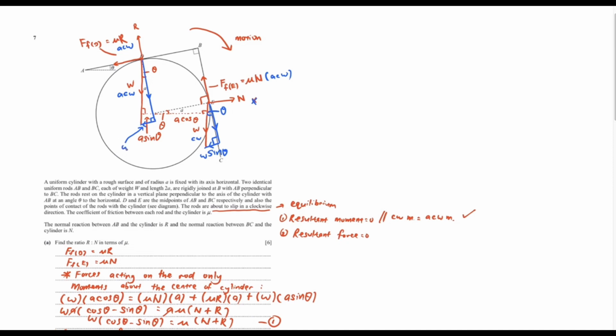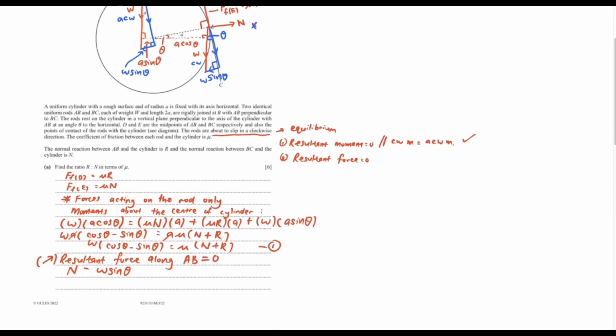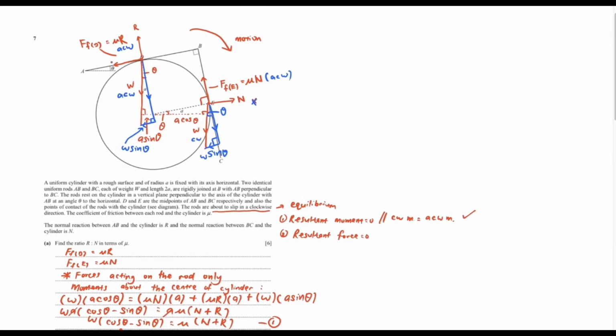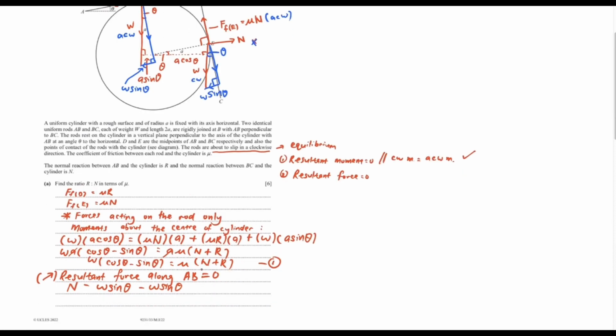So again this is W sin theta, going down against AB, so this should be minus W sin theta. And then the other force, mu R, is against AB also, minus mu R.